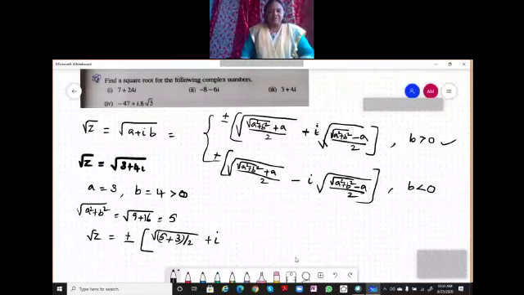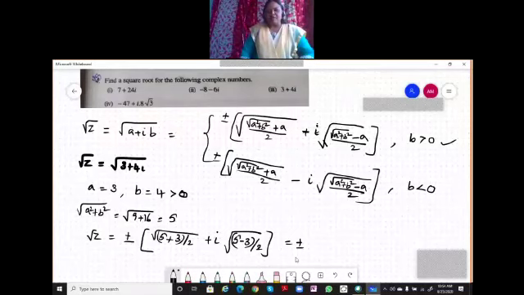Square root of, tell me, (5 minus 3) by 2. So this is equal to plus or minus, 5 plus 3 is 8, 8 by 2 is 4, root 4 is 2. Plus or minus, 5 minus 3 is 2, 2 by 2 is 1. So plus or minus i.